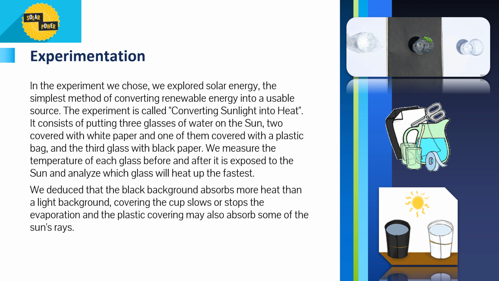We measure the temperature before and after exposing them to the sun and analyze which glass heats up the fastest. We deduce that the black background absorbs more heat than the light background. Covering the cup slows or stops the evaporation, and the plastic covering may also absorb some of the sun rays.